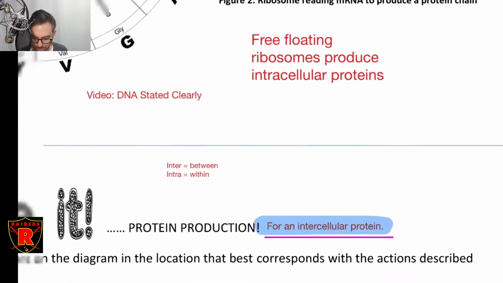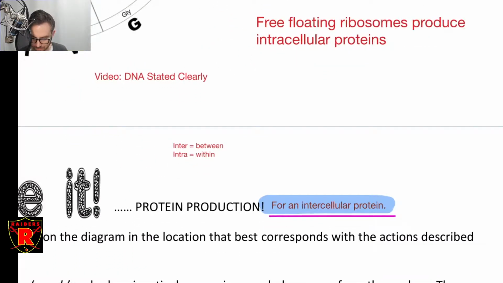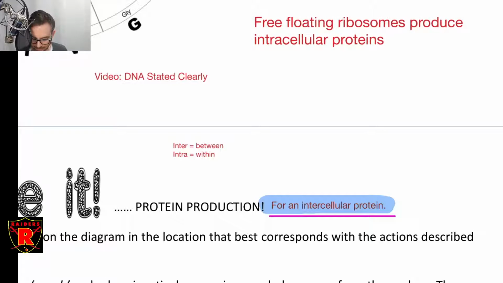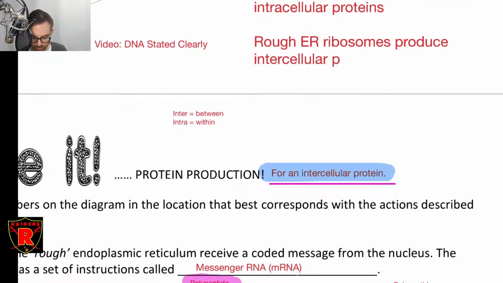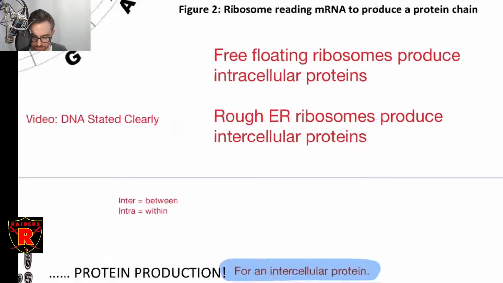Remember that intracellular means within the cell. And then rough ER ribosomes produce extracellular proteins. And those are proteins that are meant to go outside of the cell.